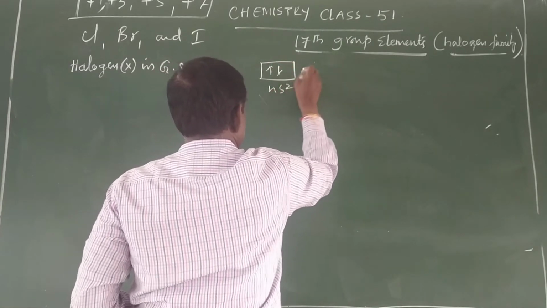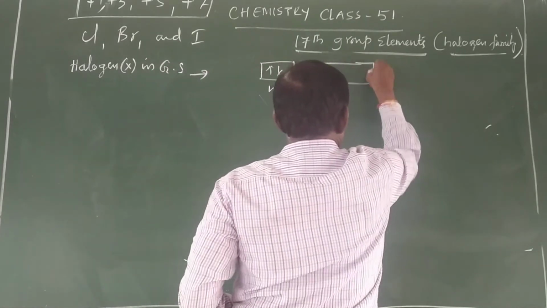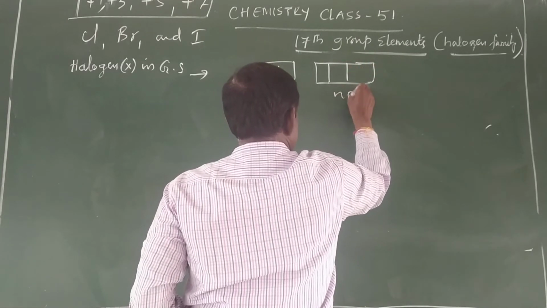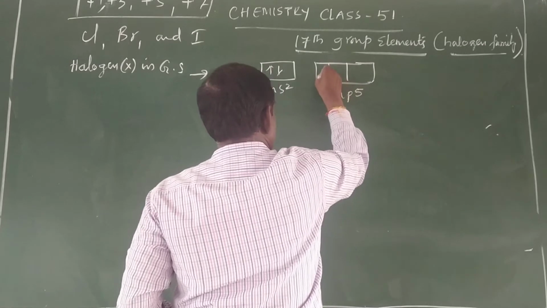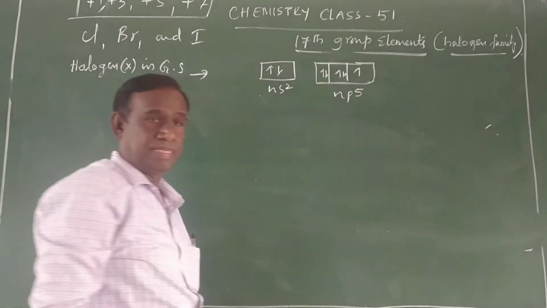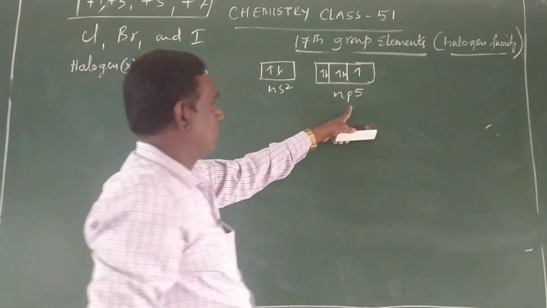How many shells? n. And np has 5 electrons: 1, 2, 3, 4 and 5. So this is ns2 np5.